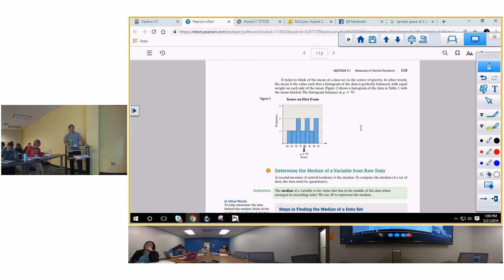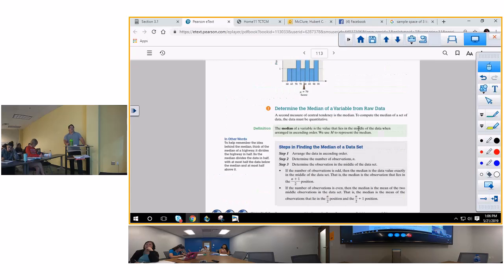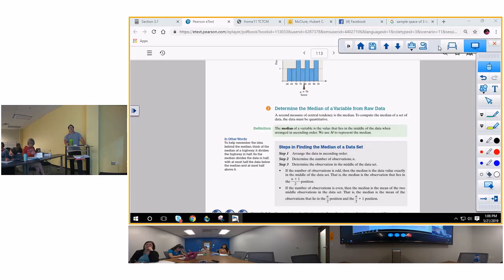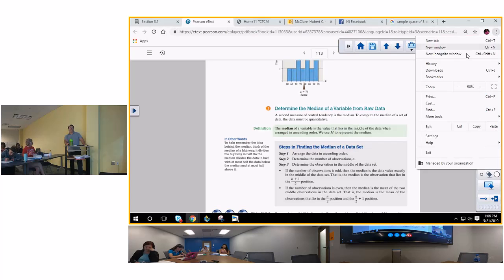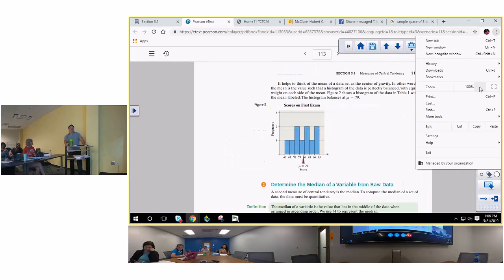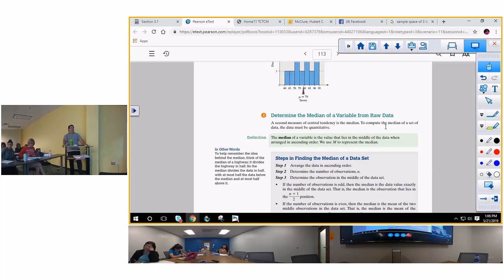But it's very important. When I say the word median, what's the first thing that pops into your brain? Middle. First thing that should pop in your brain is the highway. Why? Because what's the middle of the highway called? Median. And of course, that would associate with middle. Okay, just like you said.